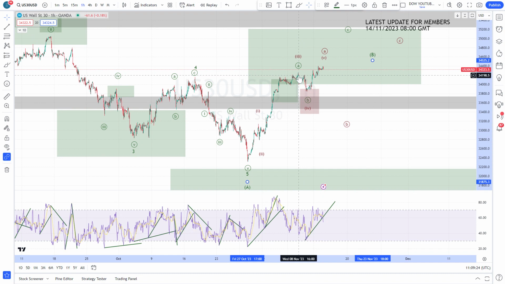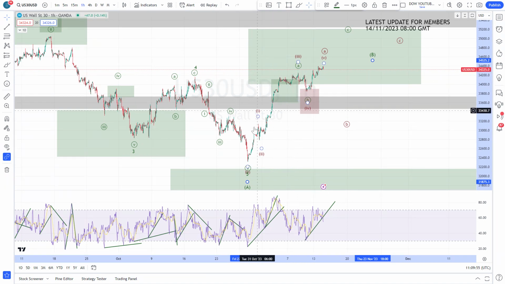So how can we interpret it now? Actually, I think this here is a good candidate to be the end of an impulse. If we look at the 15-minute and the 1 hour, then we would have something like a wave 1, 2, 3, 4, and 5, and this is the end of a structure.